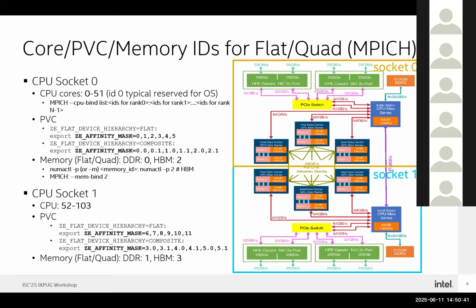And shown in the little text there is how you would map processes to a particular set of cores. So let's say you have a list of ranks, then you have a field separated by commas, one for each process, and then you can give a range of core IDs. So on the first socket would be any ID from 0 to 51.